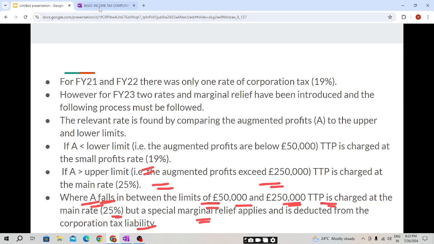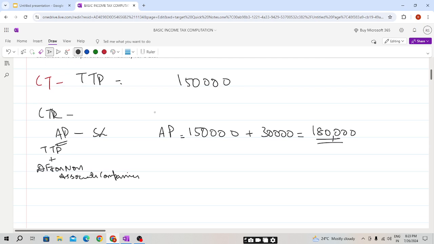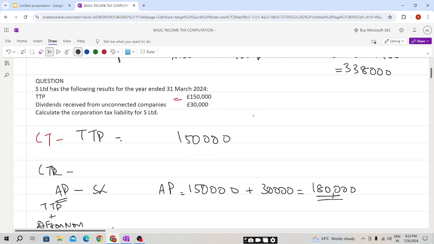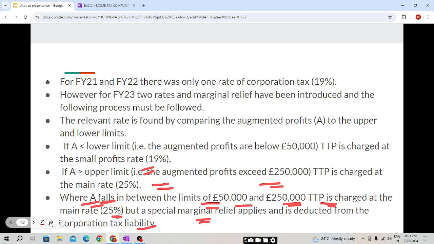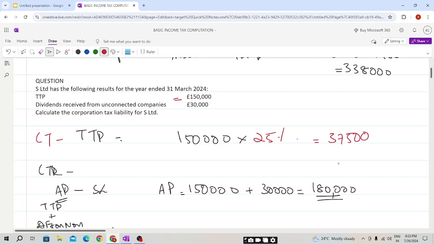Now we will be calculating the corporation tax liability. So TTP into main rate 25% will be 37,500. Now, if our augmented profit is between 50,000 and 250,000 pounds, TTP is charged at 25%. First step we have done.